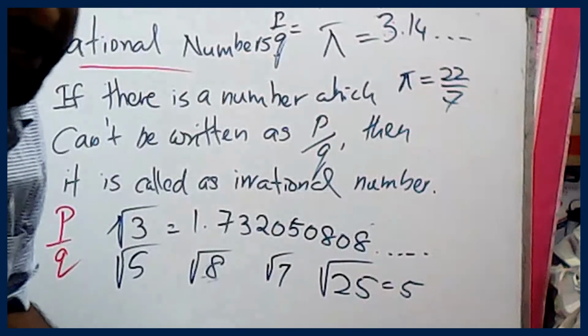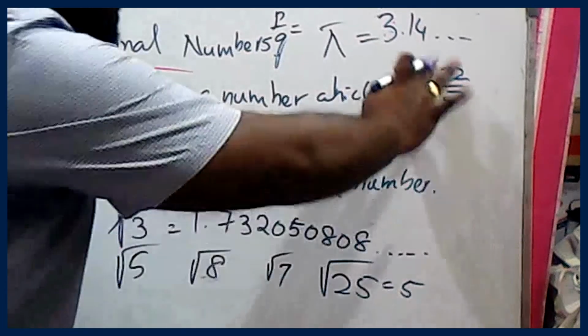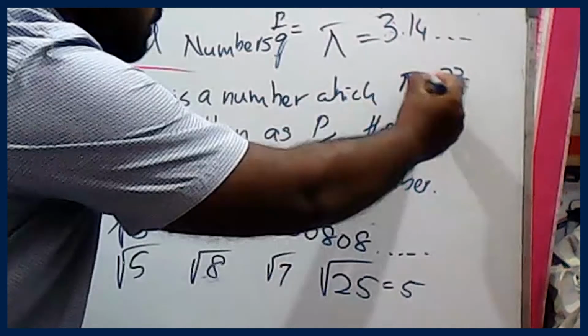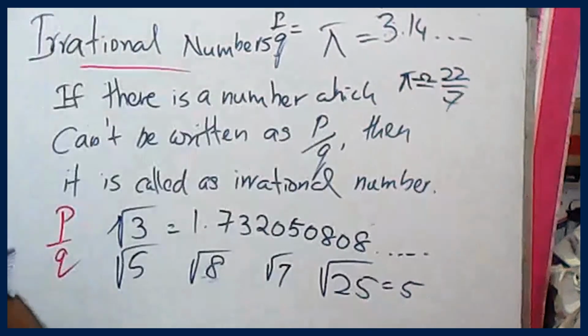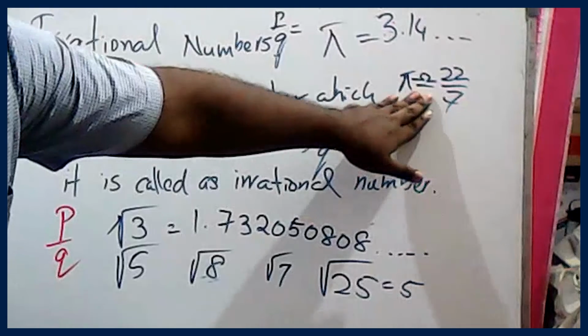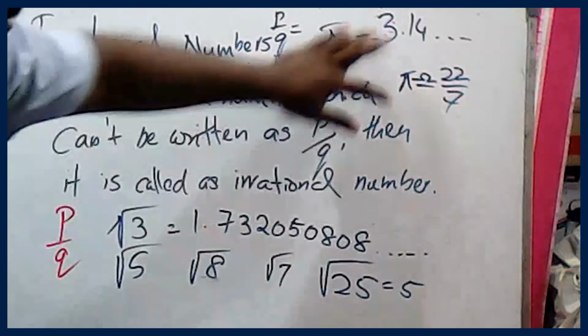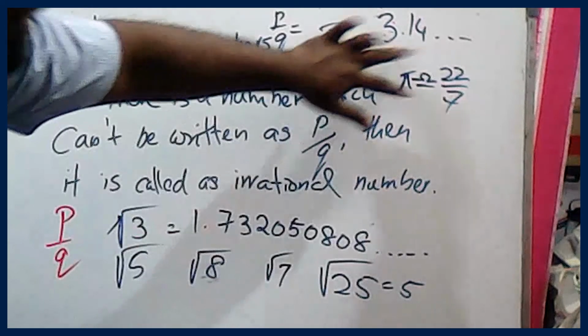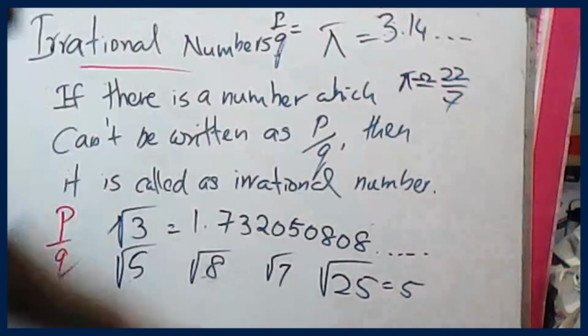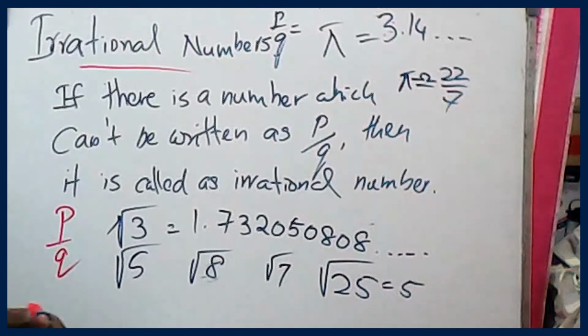That is an approximation, not the exact value. Therefore, it should be written with the sign of approximation. We say that pi is approximately equal to 22 over 7, but it does not equal 22 over 7. So this is what we call irrational numbers.